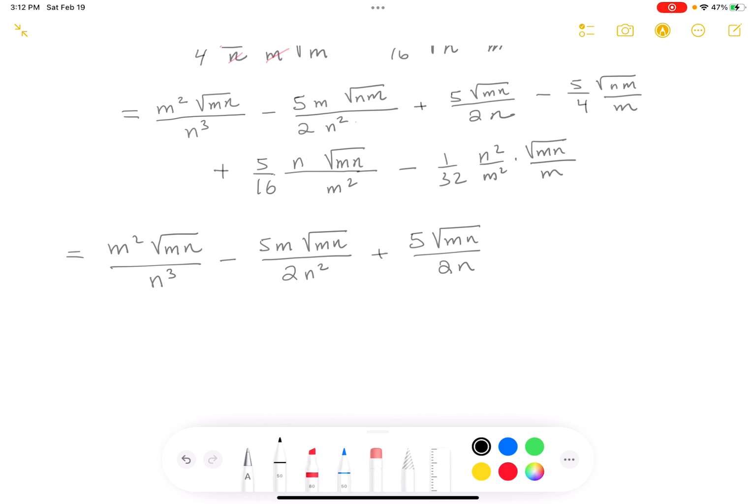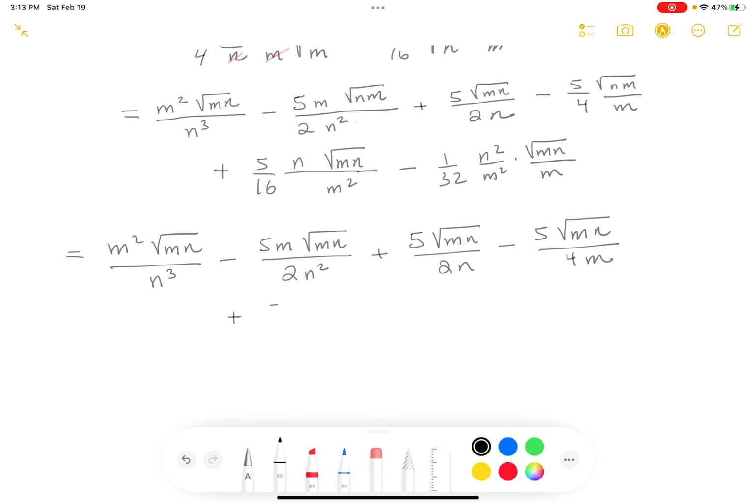Let's keep going. Minus 5 root mn over 4m. Let's see how many terms we got. 1, 2, 3, 4, 5, 6. I'm keeping track. And let's read again. Next one.